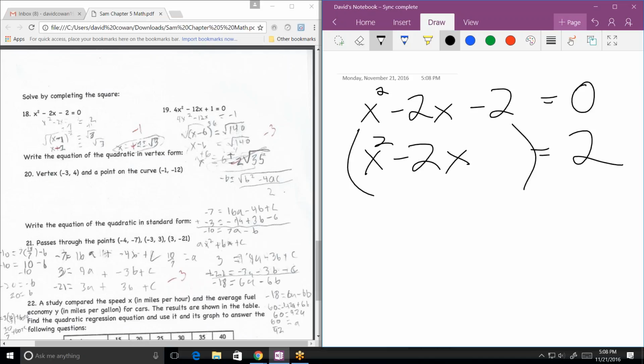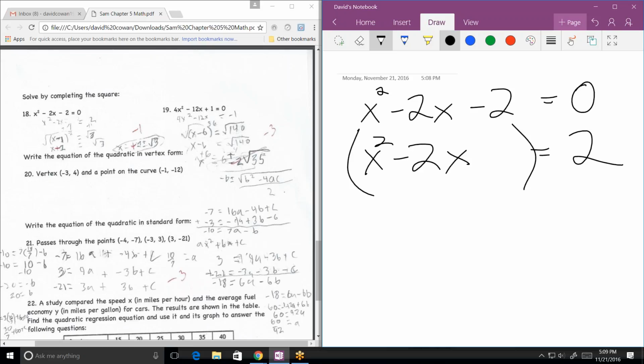So basically what you do is you get that and then you add it to both sides. Hold on. You totally jumped over a step. You've got to complete the square inside the parentheses. How do you do that? You factor it.